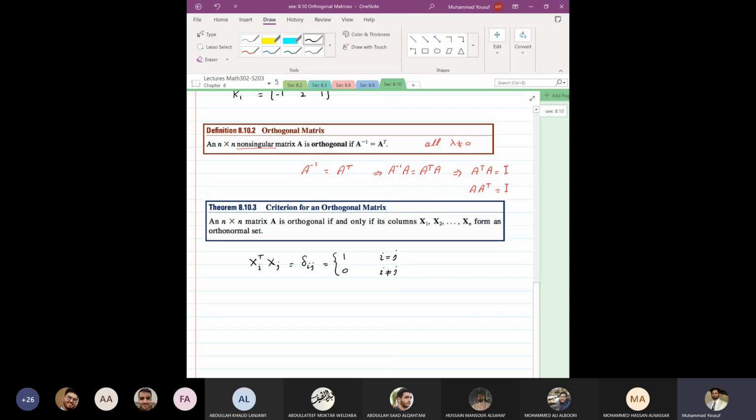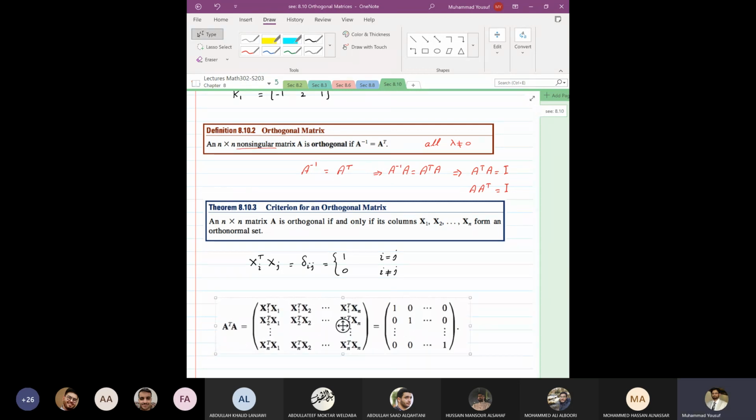Any x1 transpose x2 will be 0, x1 transpose x1 will be 1. If you take the transpose of this column and multiply by itself, then it is 1. Otherwise, it is 0. In your book, they have given this same thing in a big notation like this. But in short, we can also write it this way.